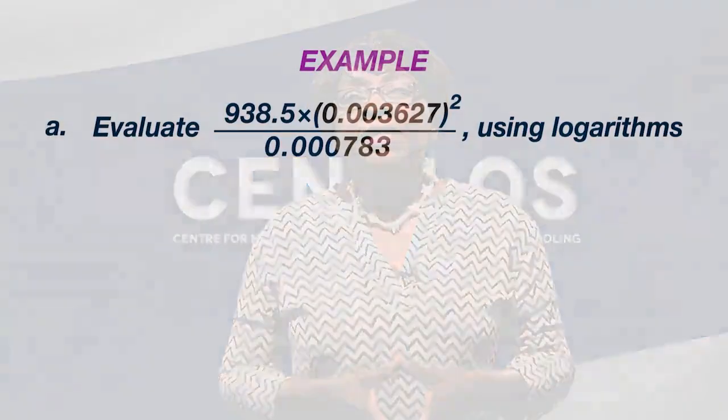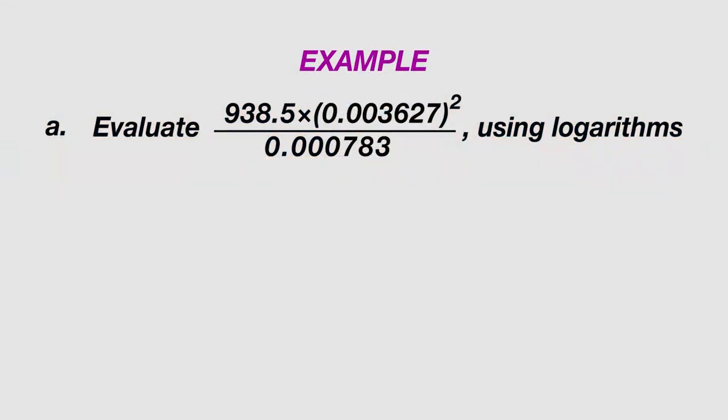Now, the first question says evaluate 938.5 times 0.003627 raised to the power 2, all divided by 0.000783 using logarithms.